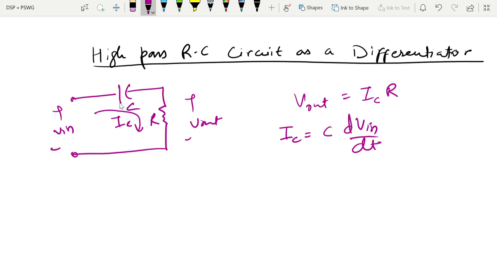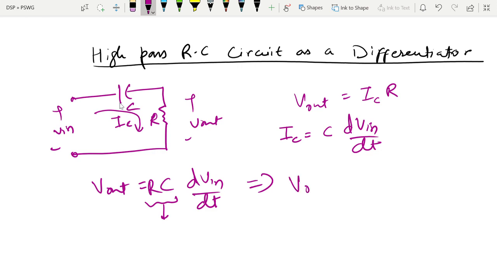So what will happen here? V out will be, if you put this capacitor current here, RC dVin by dt. RC is constant. All of you know that R and C have constant values, so consider it as constant.